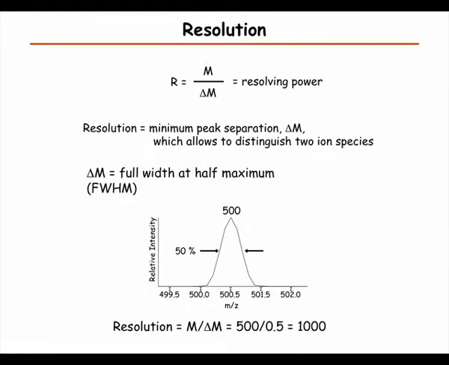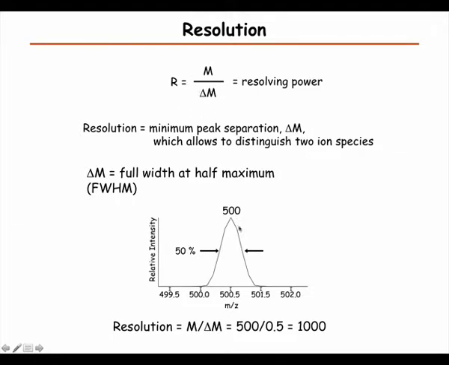So the other thing we need to worry about is resolution. What most people refer to as resolution is really resolving power. So at a certain mass, what is the width of the peak at that mass?